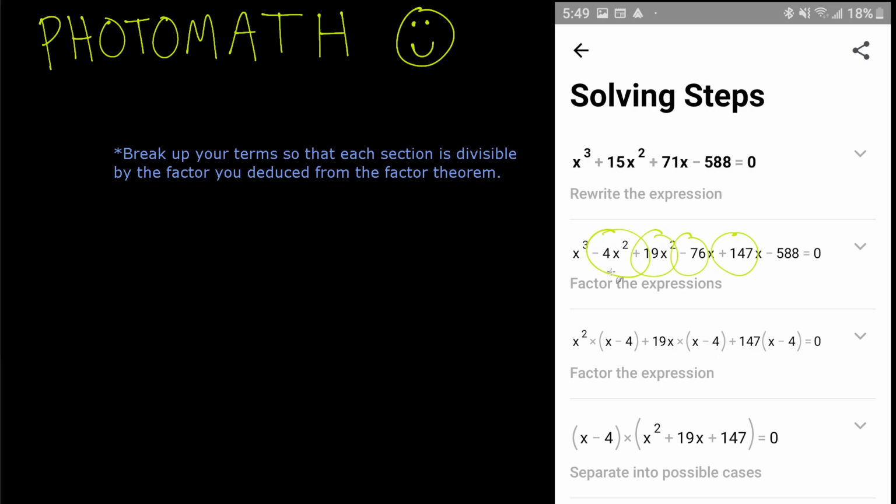One thing that could make sense is that negative 4 and positive 19 combine to make 15, and these two here combine to make 71. But then you're thinking, how do I know to split it up this way? And the answer to that is actually just doing long division.